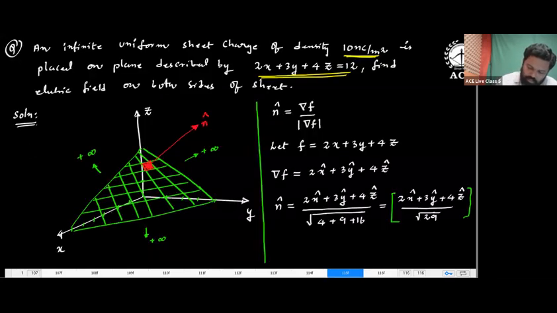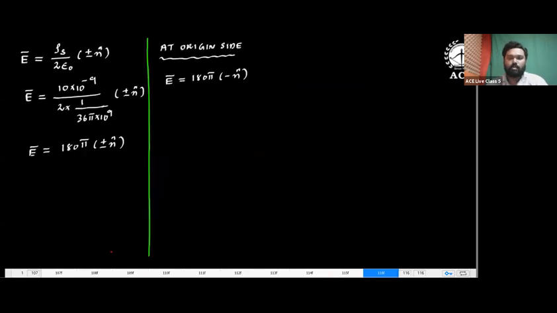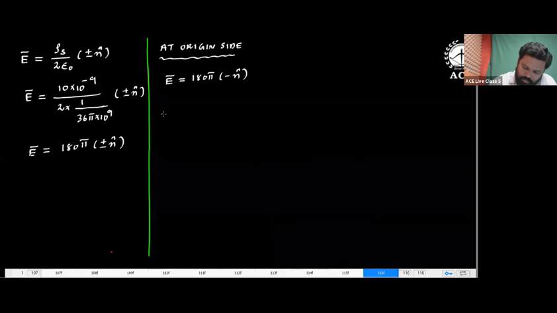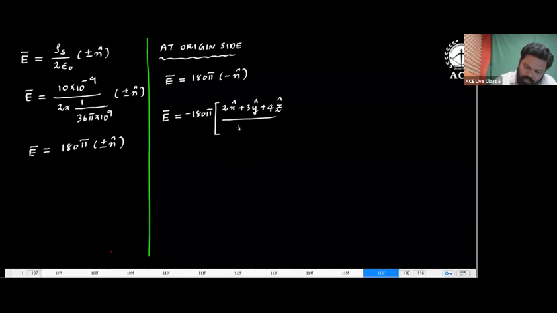The origin side is the other side, minus, isn't it? The infinite sheet is there like this. Here it is the normal, and on the other side it is the opposite. So E is equal to minus 180 pi into 2x cap plus 3y cap plus 4z cap divided by square root of 29.